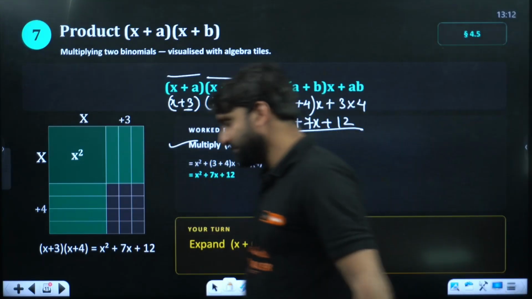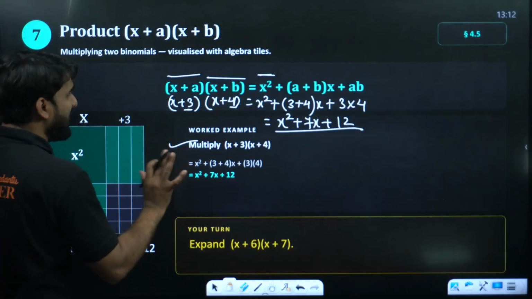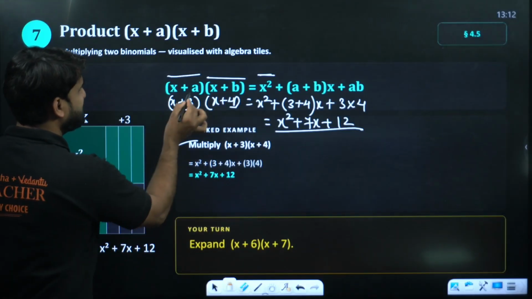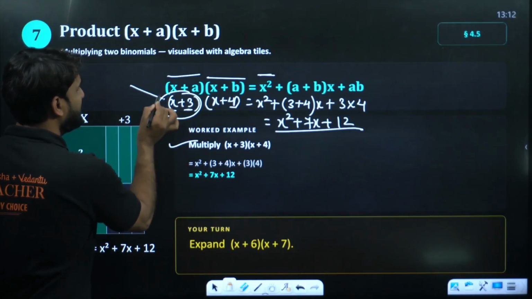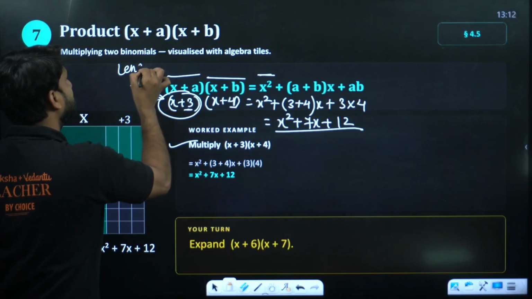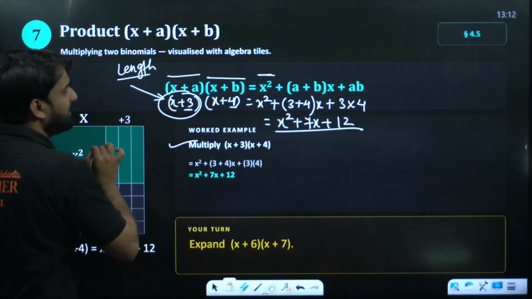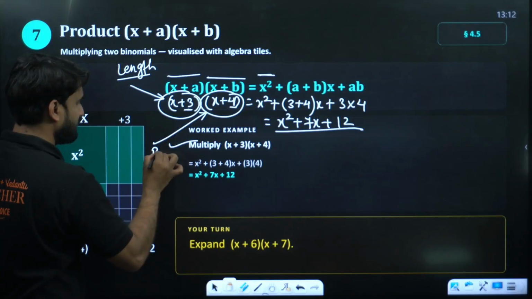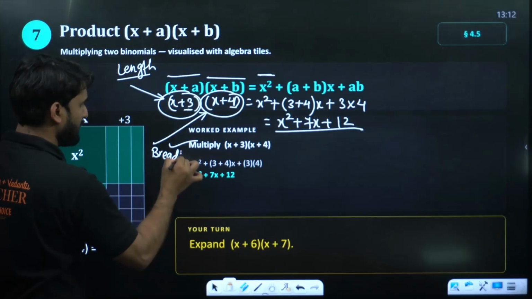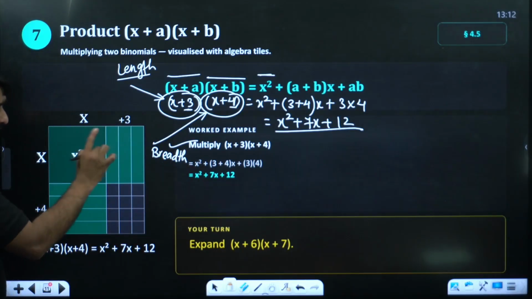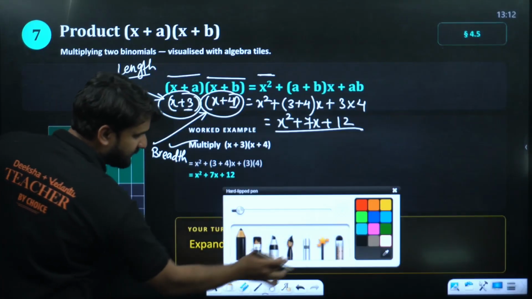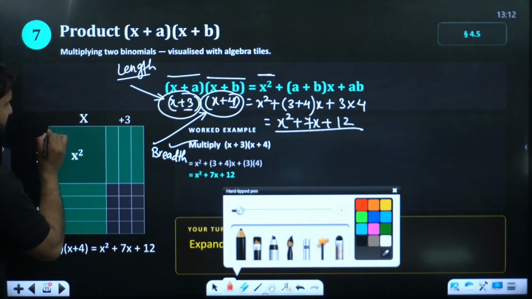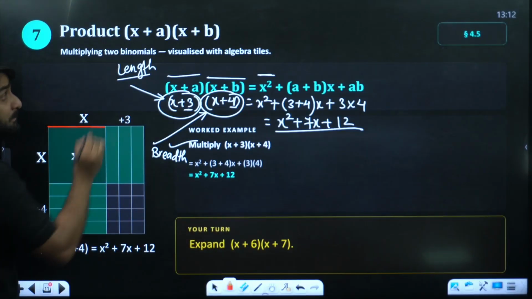So my dear champion, if we imagine this x plus 3 as a length and x plus 4 as breadth, look at the diagram. This is x plus 3.